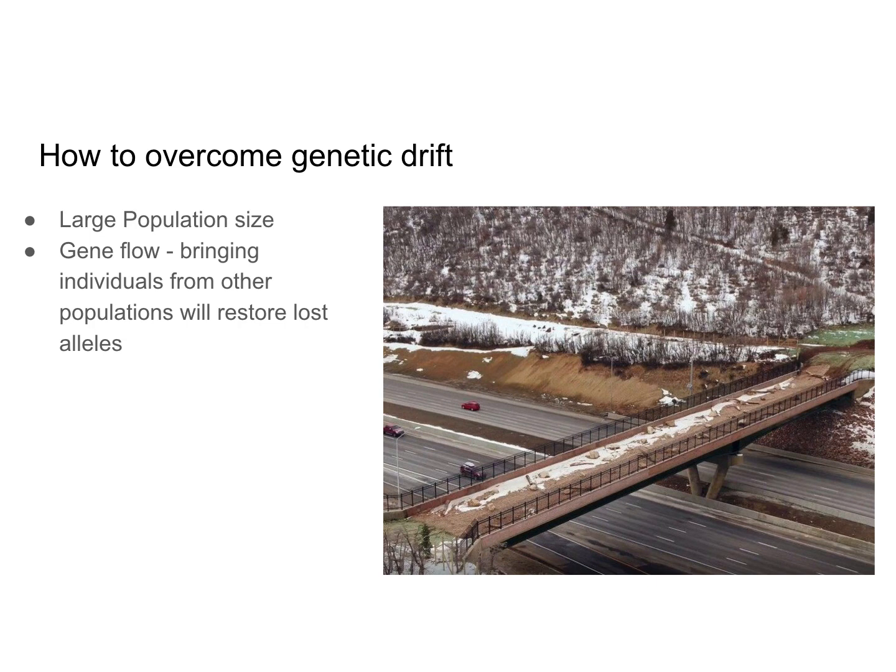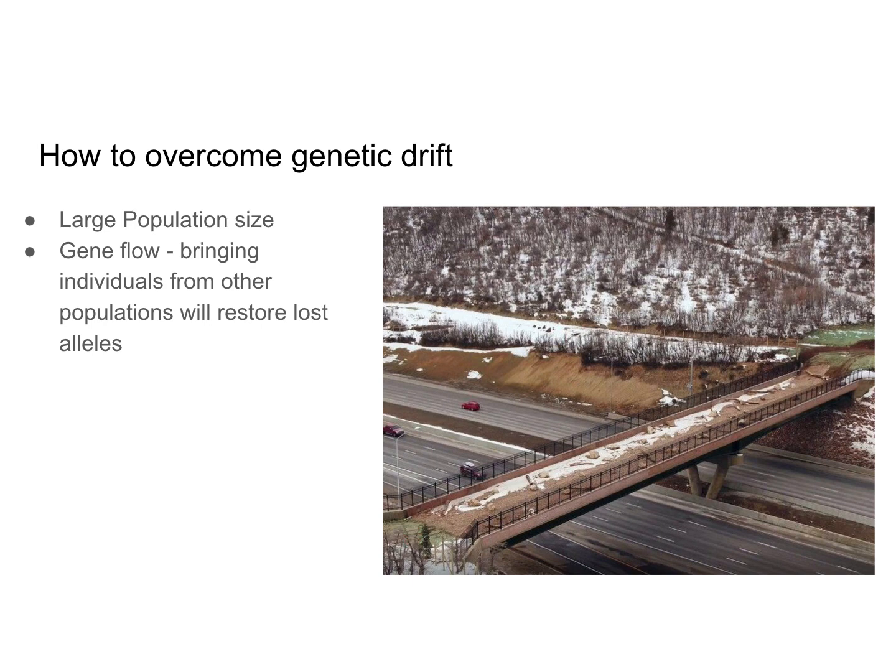So for example, this is in Utah. This is what is known as a wildlife corridor. This area over here is completely separated from this area over here by this giant highway that's in between them. This is essentially stopping organisms from each side coming over and mating, or gene flow.